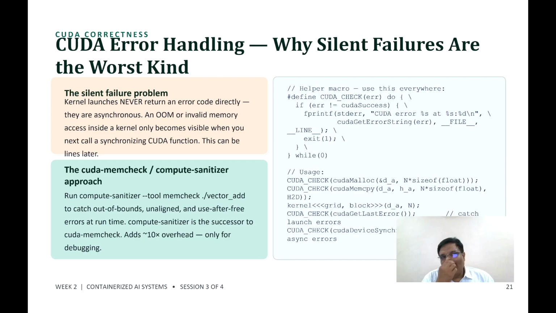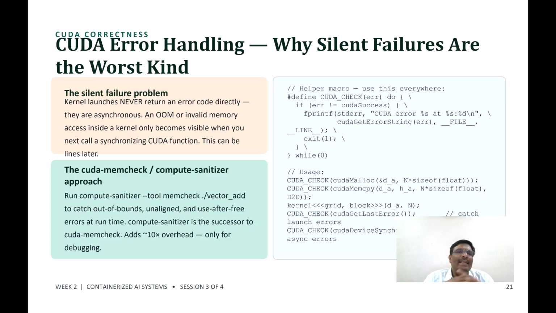There are certain areas wherein there is this silent failure problem, wherein kernel launches will never return an error code directly, because they are asynchronous, and an invalid memory access inside a kernel will only be visible when we do some synchronization of the CUDA function.